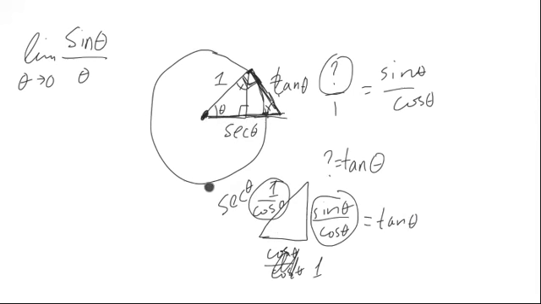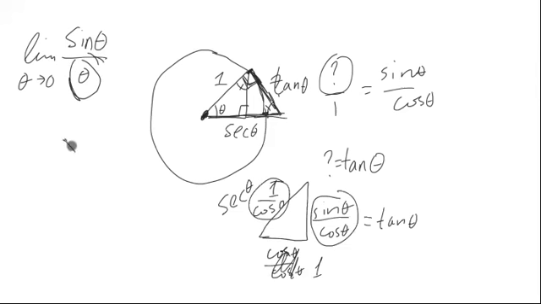Let's use this triangle to get a nice little feel for this limit. We're going to do some sandwiching. First of all, we're going to sandwich the idea of theta. Theta is an arc length, so let's look at this picture a little more up close.